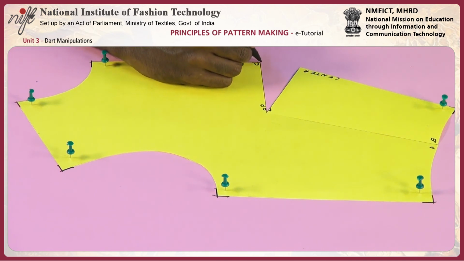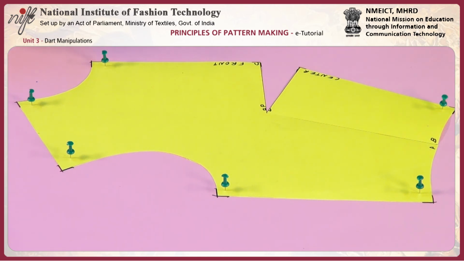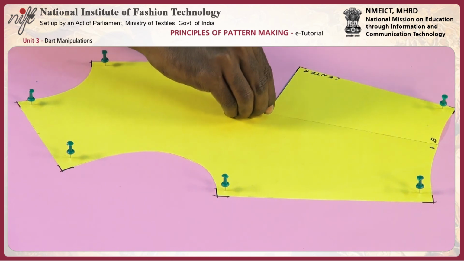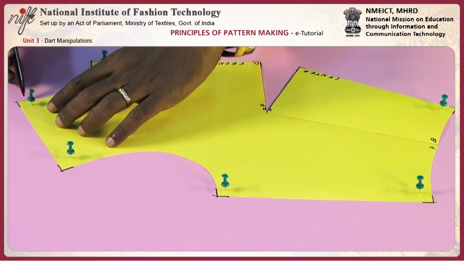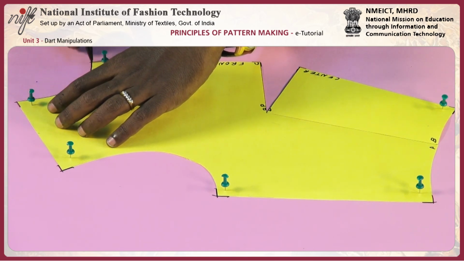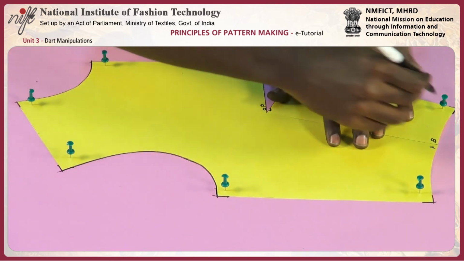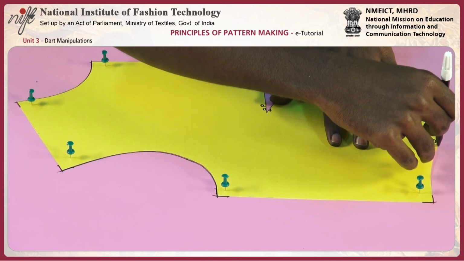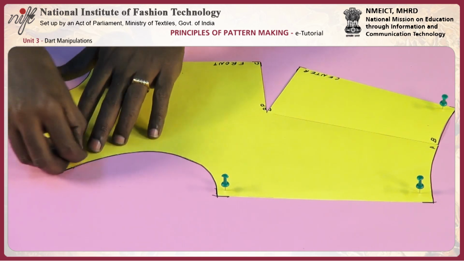Then mark the dot ends. Mark the bust point. Draw the neckline curve. Draw the armhole curve. Draw the waistline. Once you have completed the marking, you can remove the working pattern.